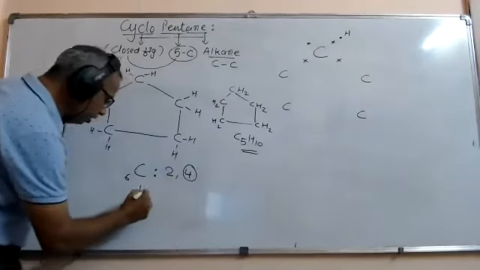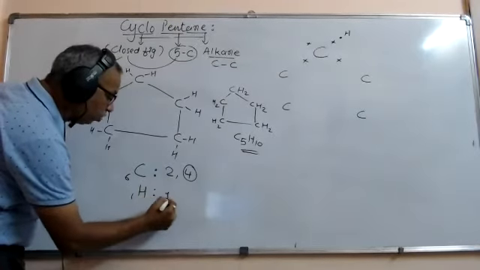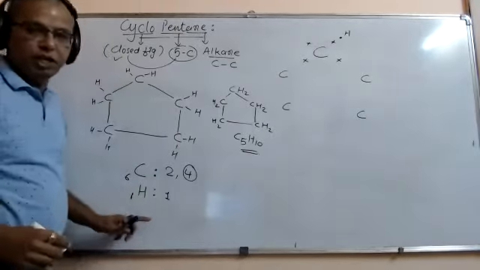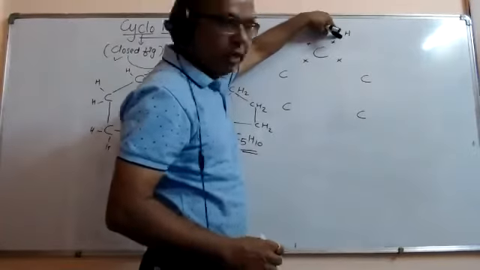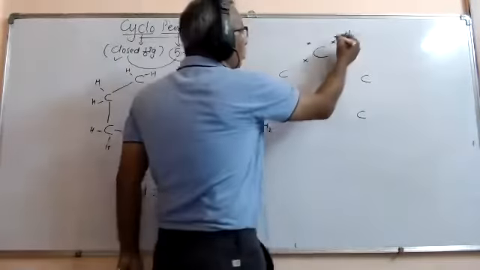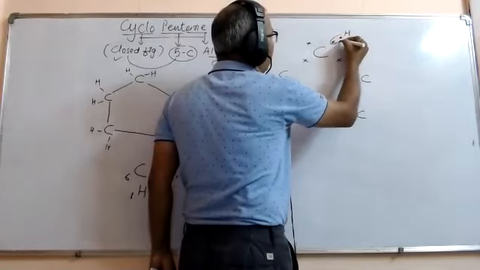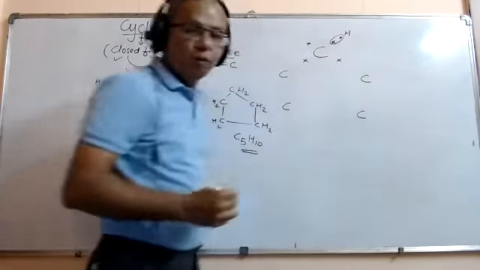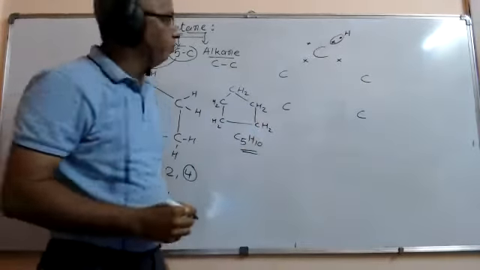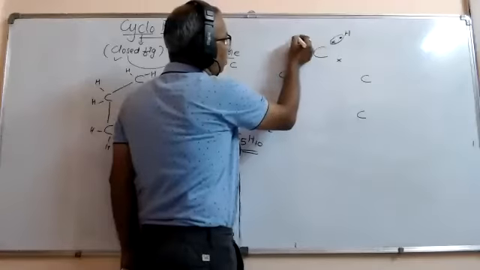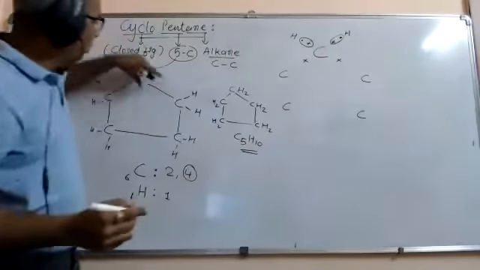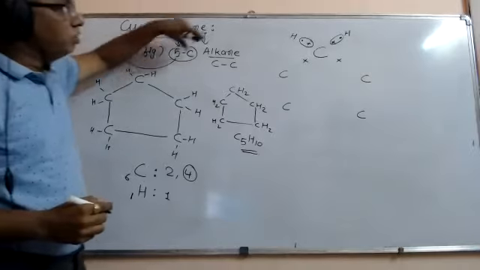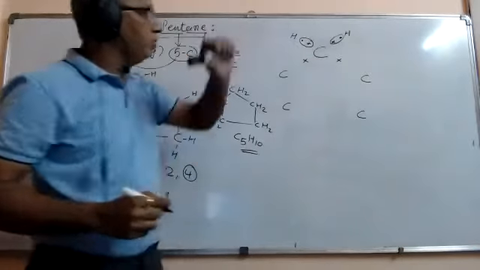Hydrogen's atomic number is 1 and it has only 1 electron in its shell. So here this electron is placed of hydrogen and 2 electrons are making a covalent bond by sharing it. Same to same, here you can see, friends, hydrogen, and this is a covalent bond. You can see the structure here. This is matching here, CH bond.